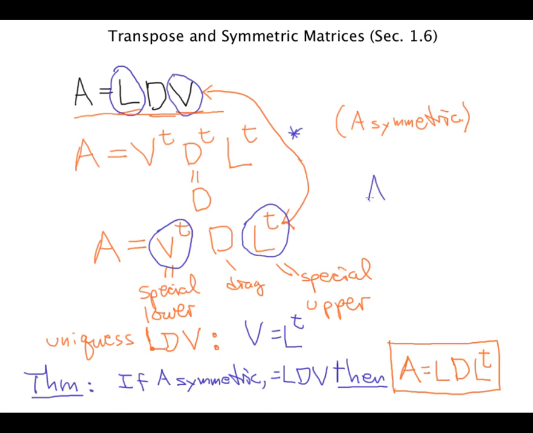So in general, if you have an ordinary matrix and you want to compute its LDV decomposition, you have to compute 2 triangular matrices. But if A is symmetric, then you only have to compute one of those matrices and use the transpose for the other.